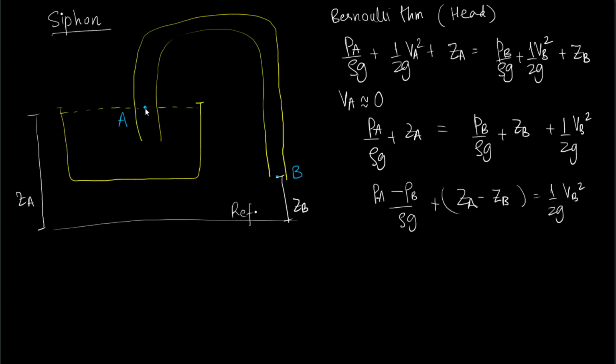Now given that point A is also at the atmospheric pressure, because the surface of free water over here at this particular point is subjected to atmospheric pressure only. All the points at the interface are at atmospheric pressure, while point B is also discharging to the atmosphere, and therefore points A and B are at atmospheric pressure.